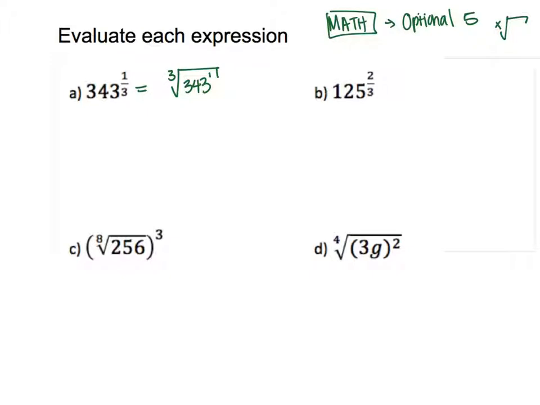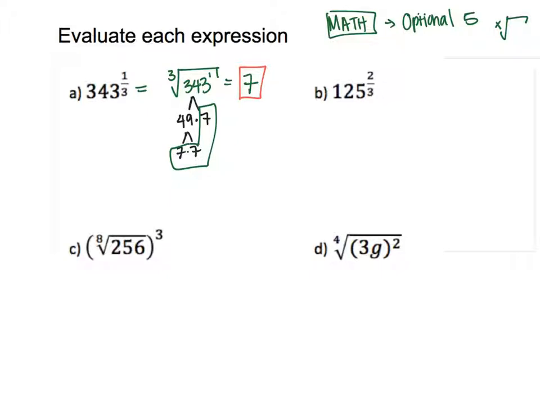So in this case, let's break this down with a factor tree, or if you use the option 5. If you break this down with the factor tree, 49 times 7 gives you 343, and 49 can be broken down as 7 times 7. So looking at this, I have a triple of 7s. So in this case, the cube root of 343 is 7. And that's it. I just arrived at my answer.